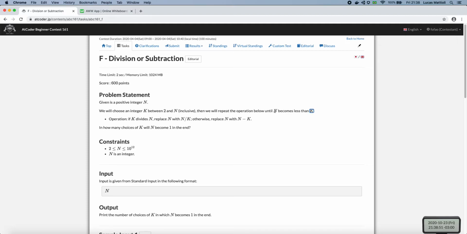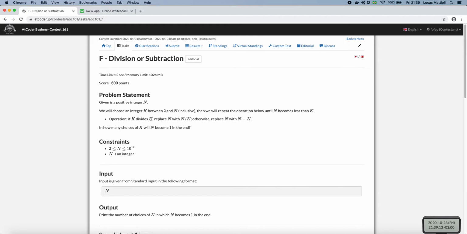So the operations that we'll do are the following. If the current value of n is a multiple of k, or if k divides n, then we replace n with n divided by k, and otherwise we will replace n with n minus k.